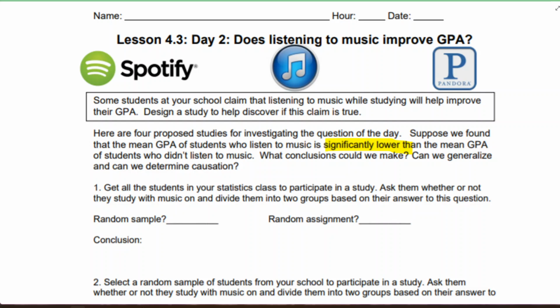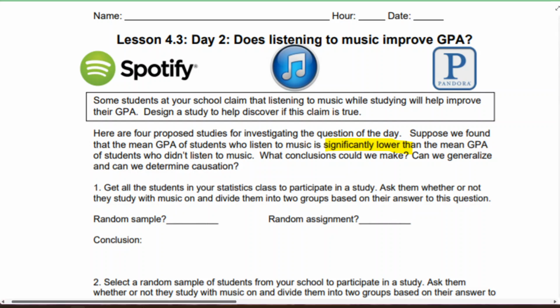Here are 4 proposed studies for investigating the question of the day. Suppose we found that the mean GPA of students who listen to music is significantly lower than the mean GPA of students who didn't listen to the music. What conclusions can we make?